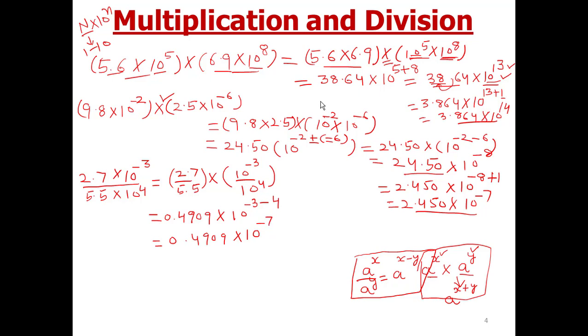This is the result, but if we have to give the scientific notation, we have to move this decimal one place to the right, so it is 4.909. As we have moved the decimal one place to the right, it will be minus 1, so it is 4.909 into 10 raised to the power minus 8. This is the answer of this division.